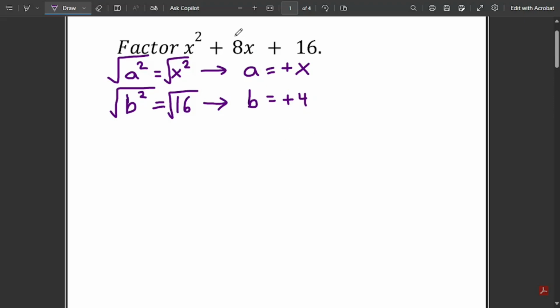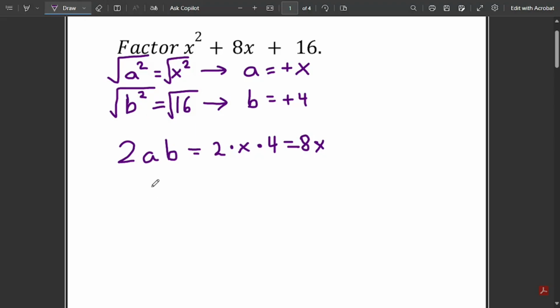Okay, we want to figure out if this middle term, 8x, is equal to 2ab. So 2ab is equal to 2 times x times 4, which is equal to 8x.